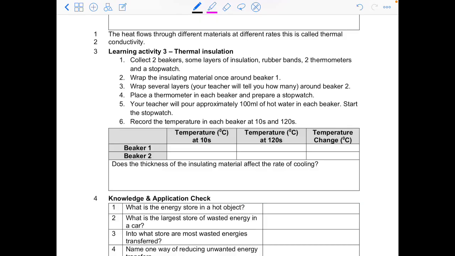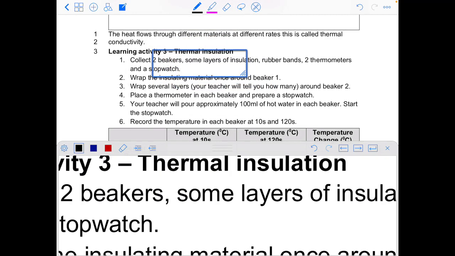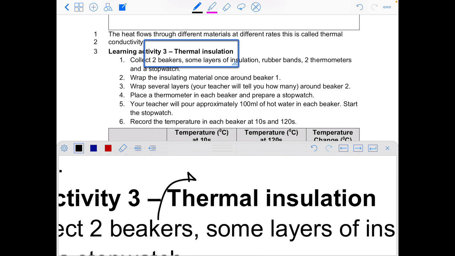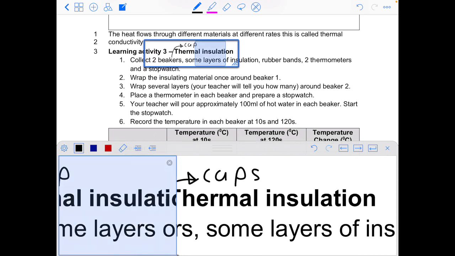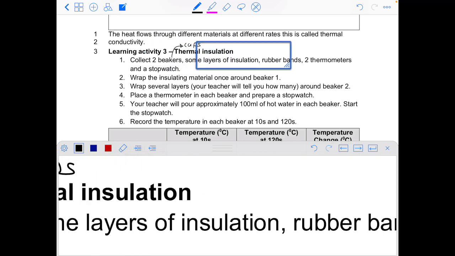All right, and this last activity here is one that you can do at home. So you will need 2 beakers, or, because you won't have beakers at home, you can just use some cups, mugs, glasses, anything that can handle being filled with boiling water. Some layers of insulation.